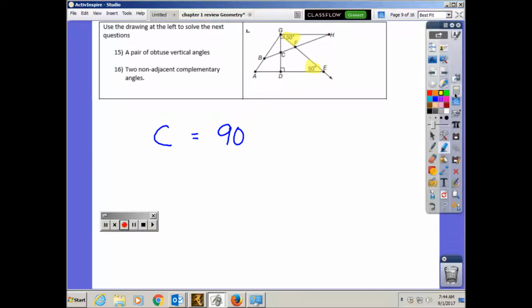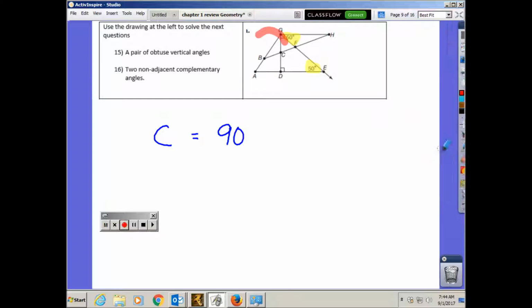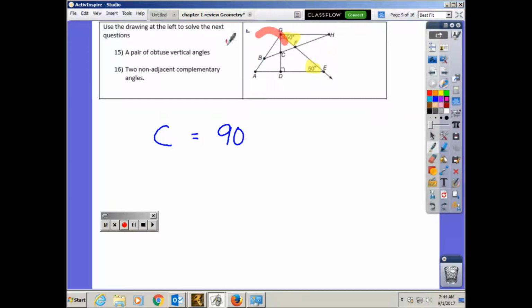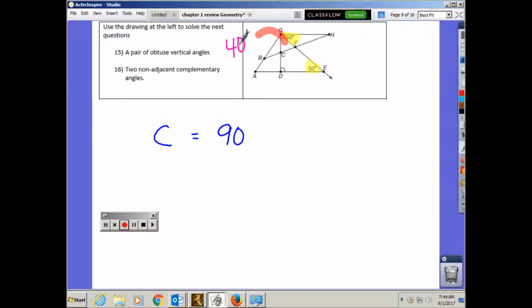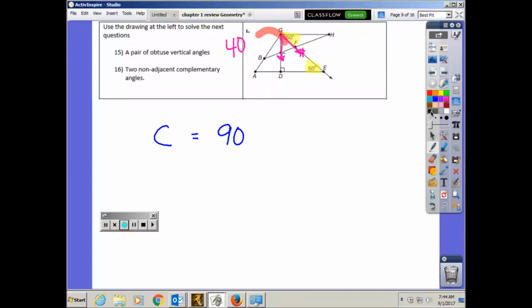If this is 90 here, that means that that angle is 40 degrees. Correct? But I can't have this angle and this angle because they're adjacent. But I can have this angle and this angle. So I can have, and I can have this angle.